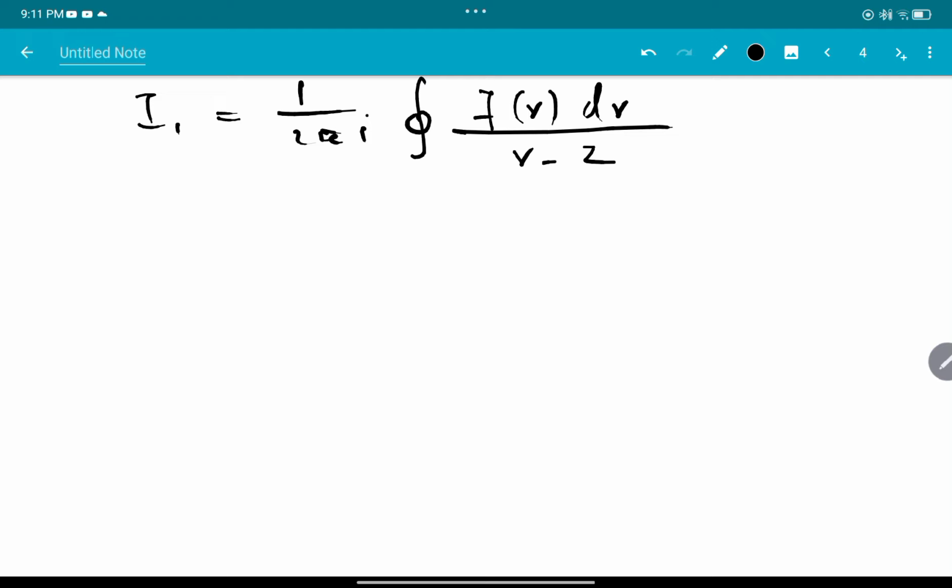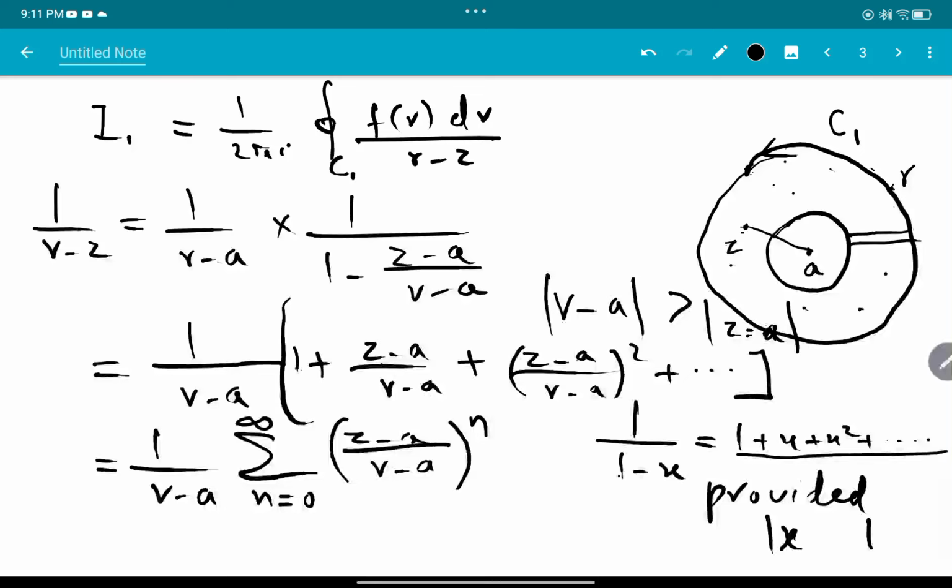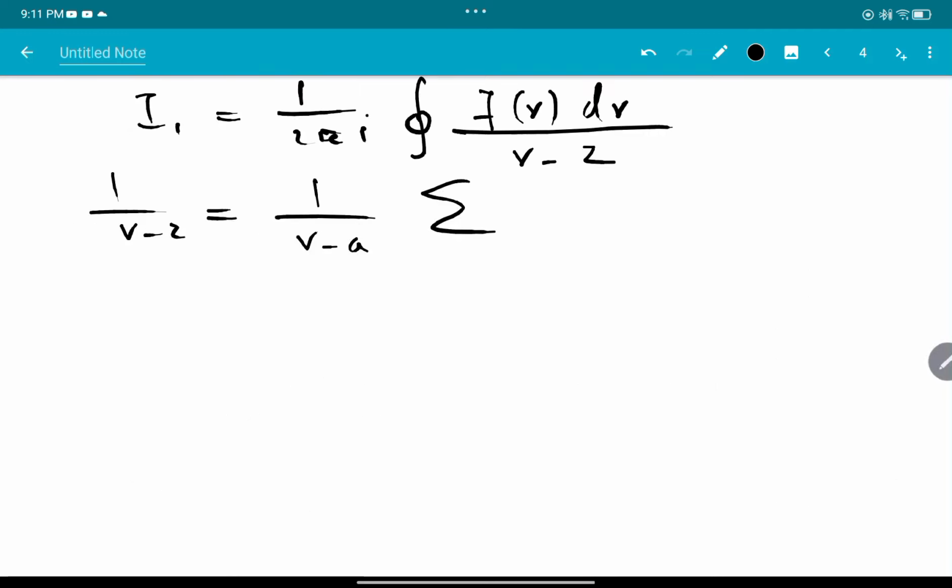We have established that 1 by gamma minus z is equal to 1 by gamma minus a into the summation n equals 0 to infinity of z minus a divided by gamma minus a, whole raised to n. Substitute this now in this formula.